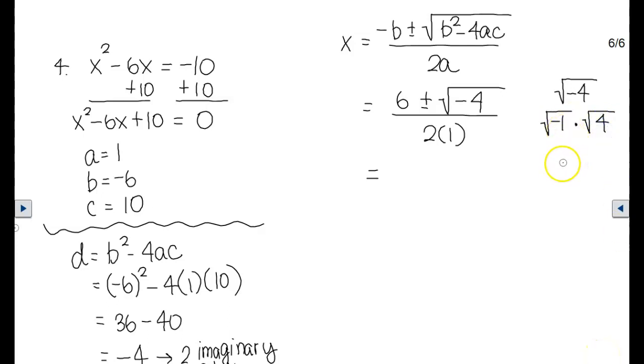The square root of negative 1 is the imaginary number, so an I, and then the square root of 4 is 2. I times 2, remember we're going to write as 2I. So the square root of negative 4 is 2I. 6 plus or minus 2I, and then all of that's over 2 times 1, which is 2.